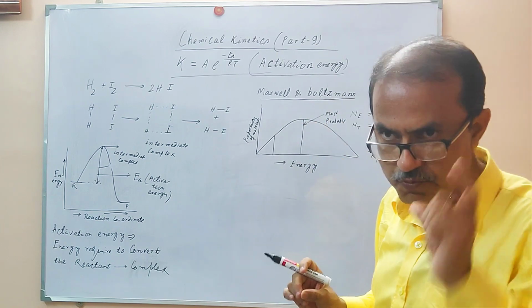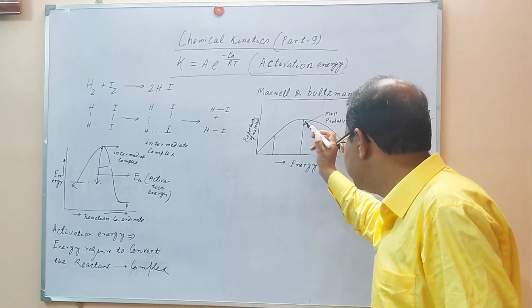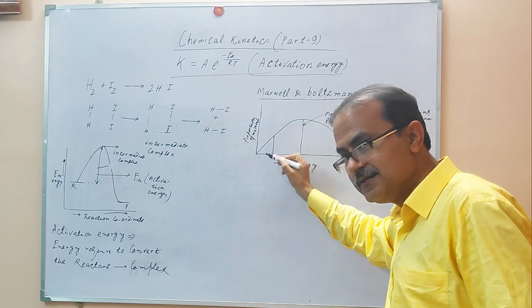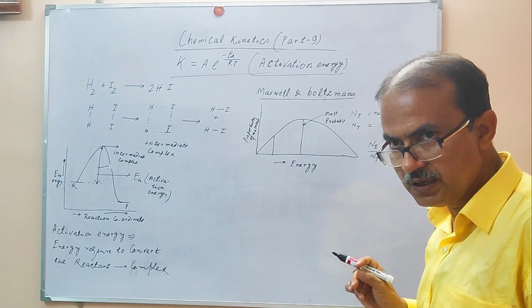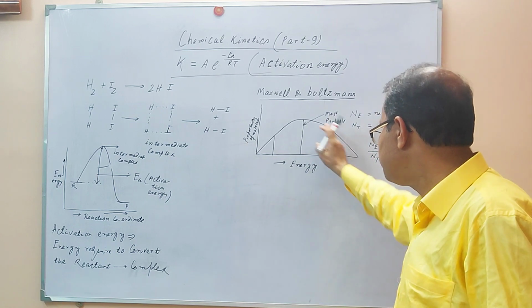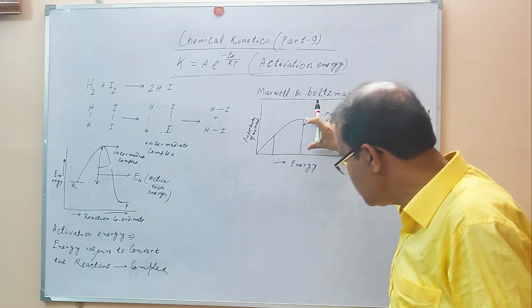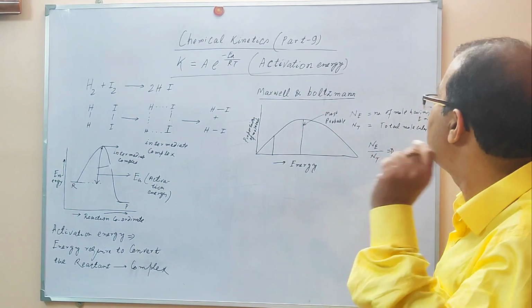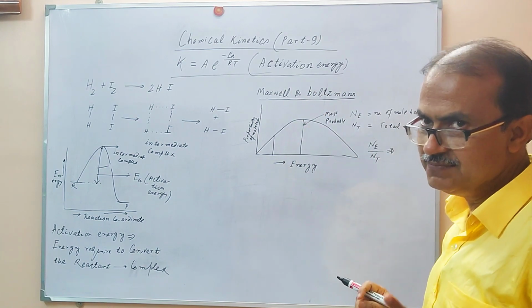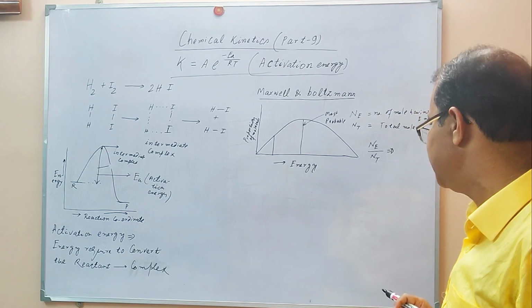Here there is a lesser proportion, but this point of the curve has the most probable proportion of the kinetic energy.